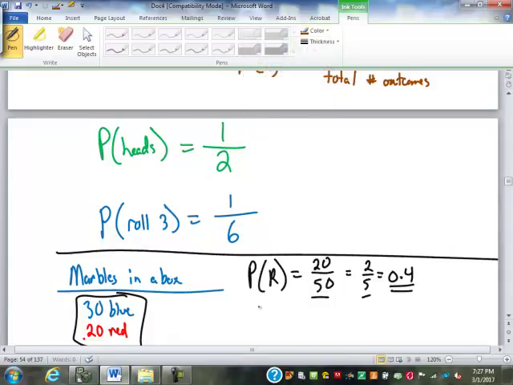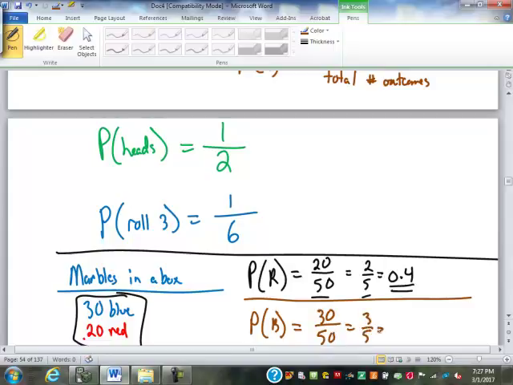What is the probability that you reach in there and pull out a blue one? How many blue ones are there? There's 30. Out of how many total? 50. So 3 out of 5 or 0.6. Are there any other possibilities? If I reach in there and I pull out a marble, is there any other possibility other than red or blue?